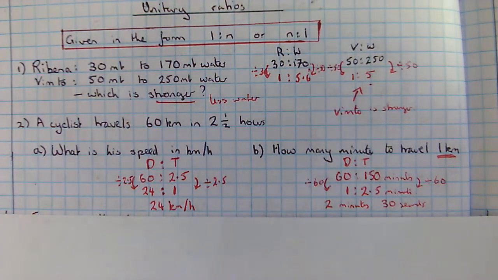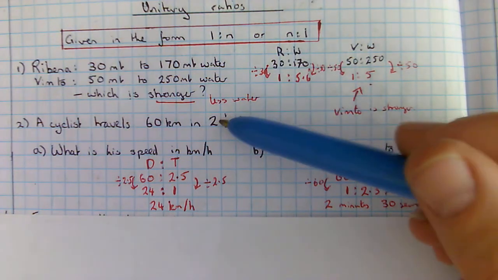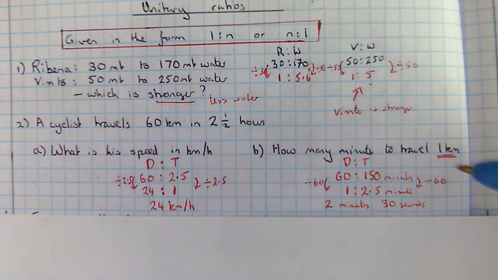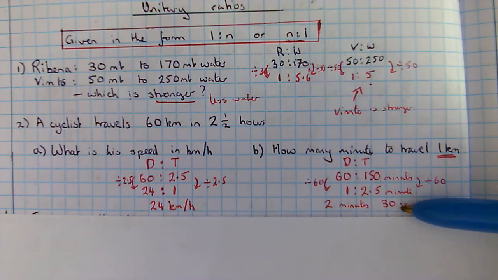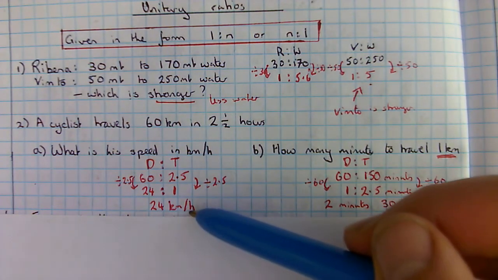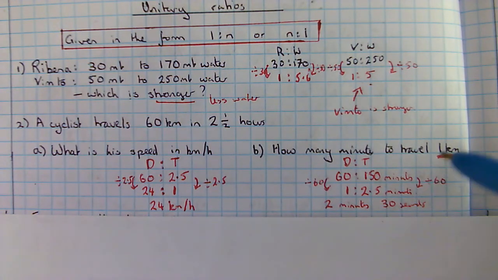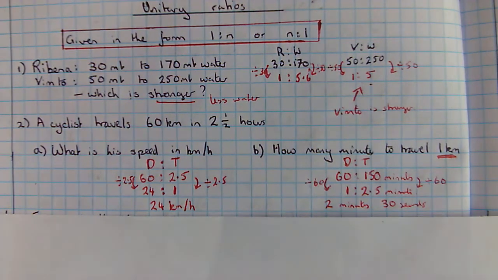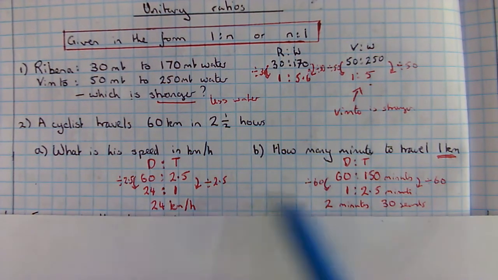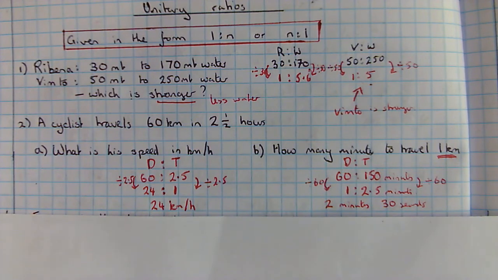Notice these are all different ways of saying the same speed. Travelling 60 kilometres in 2.5 hours, travelling 1 kilometre in 2 minutes 30 seconds, travelling at 24 kilometres an hour. All of those are the same speed, just measuring slightly different things. And in all cases, what we've wanted to do is go down to 1 on one side of the ratio.